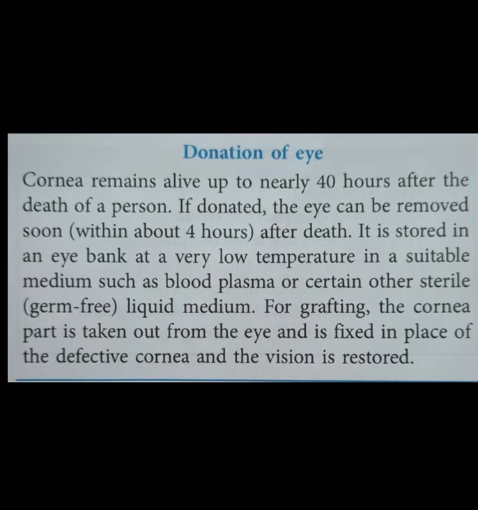These days, AIIMS has developed one more technique, the slicing of cornea. By slicing the cornea, the cornea of one donated eye is used to replace the cornea of many defective eyes. So this is all about the first layer, the outermost layer, sclera.